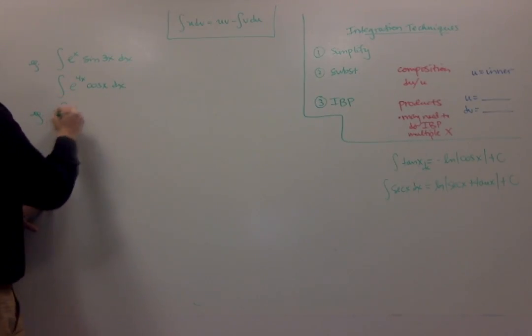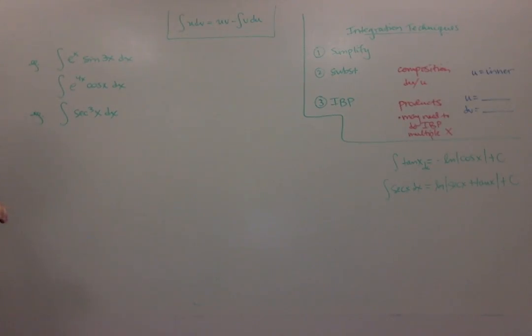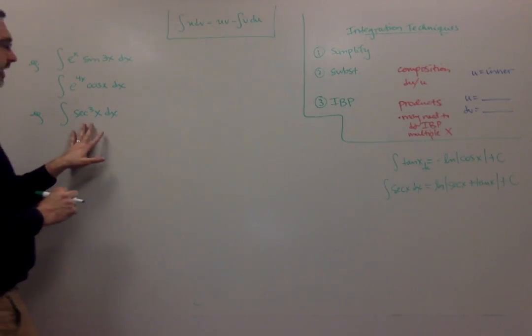There's another one that shows up later in the next section that we're going to get to, and I'm going to go ahead and do it now because it's a nice example of integration by parts. And it's secant cubed. Now, for secant cubed, there is not really one way that I might think about simplifying this.